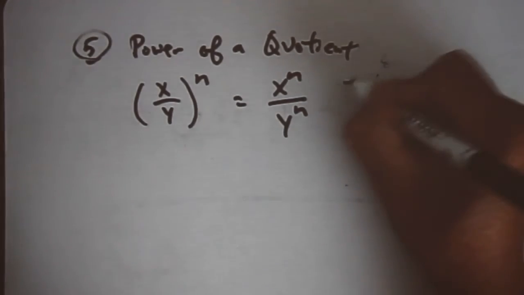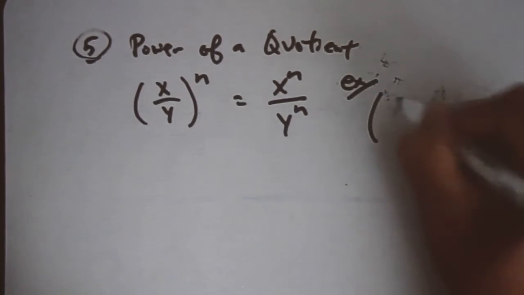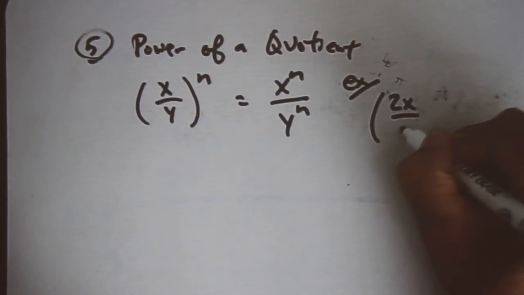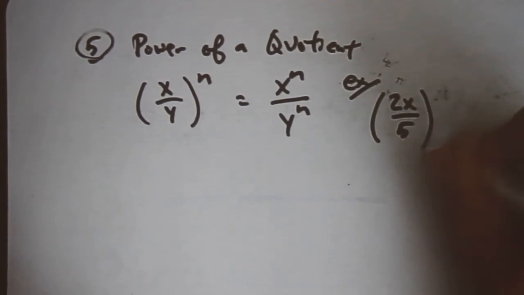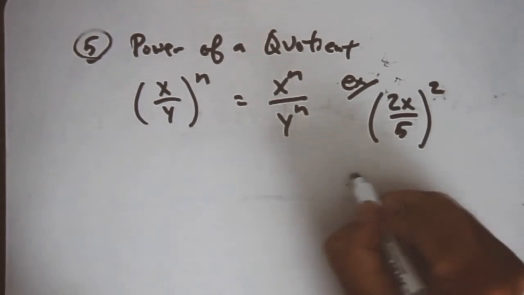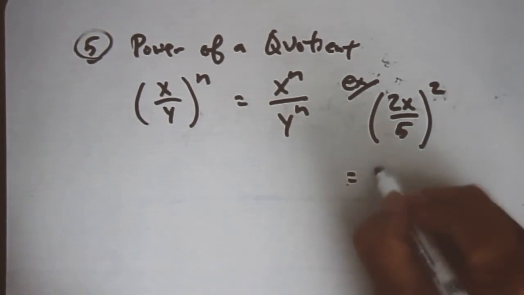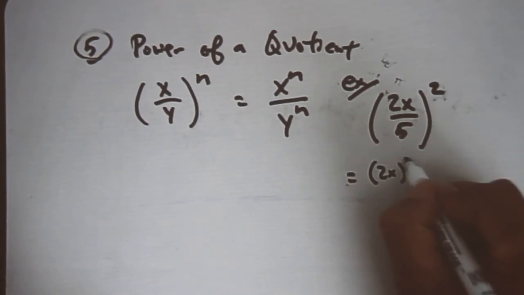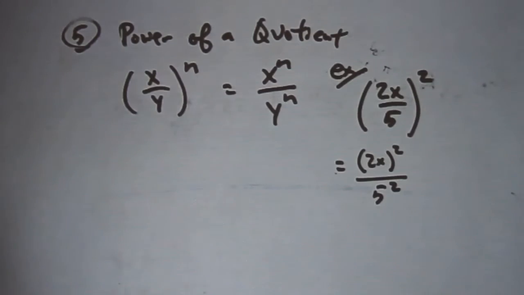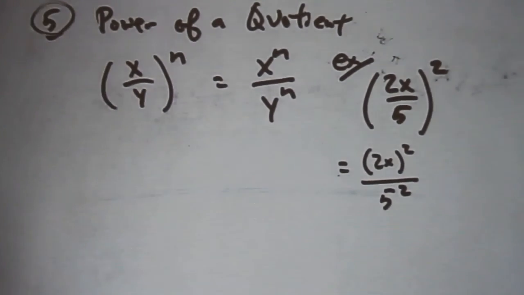So, if you have, for example, something like 2x over 5 all to the second power, everything gets raised to the second power. So this is 2x on the top to the second power, 5 to the second power on the bottom. Everything gets raised to the second power.